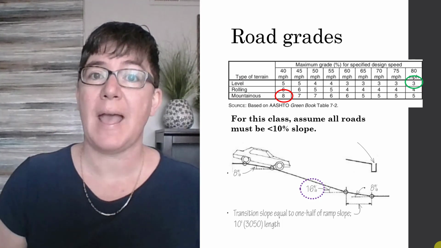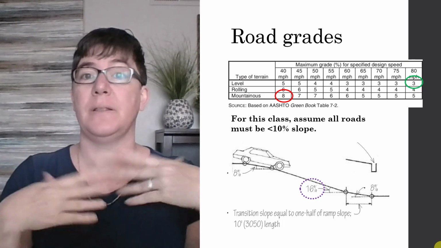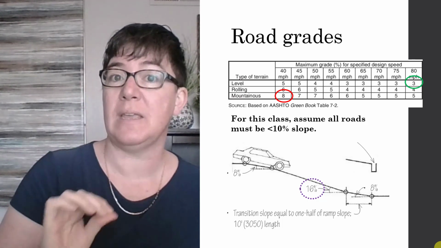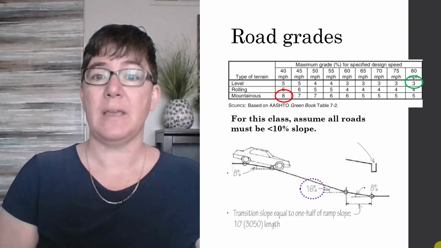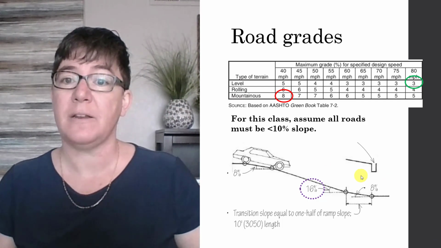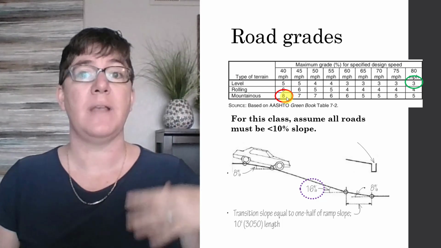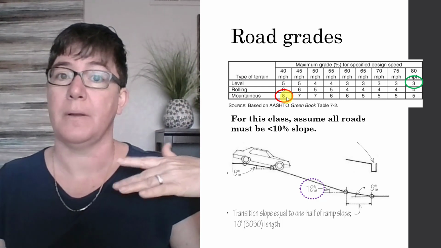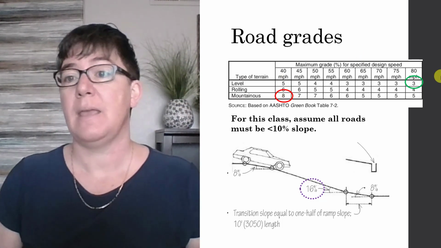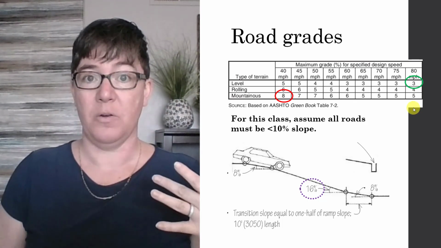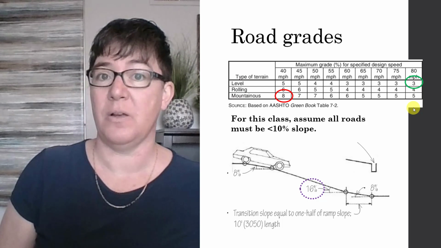It turns out that the appropriate slope of your road changes based on the speed of the vehicle. If your design speed is lower, for example here, you can use a higher slope, a more steep road. If your design speed is higher, you want a smaller slope, a more gentle slope.